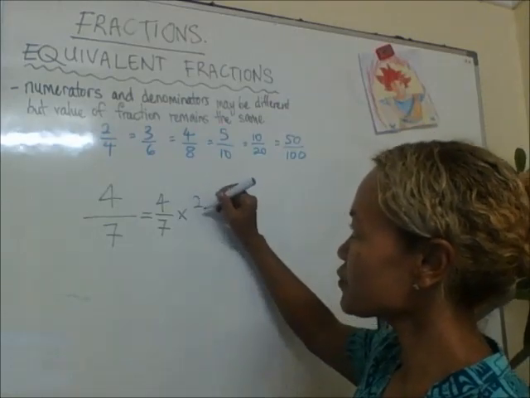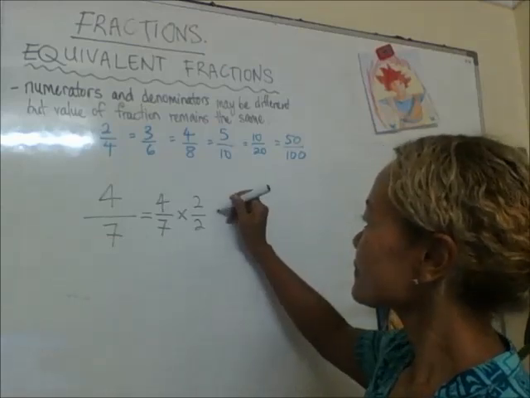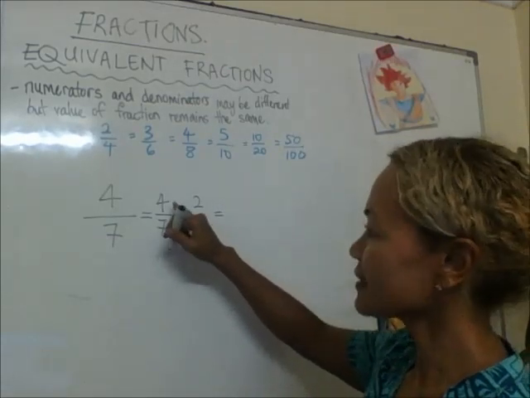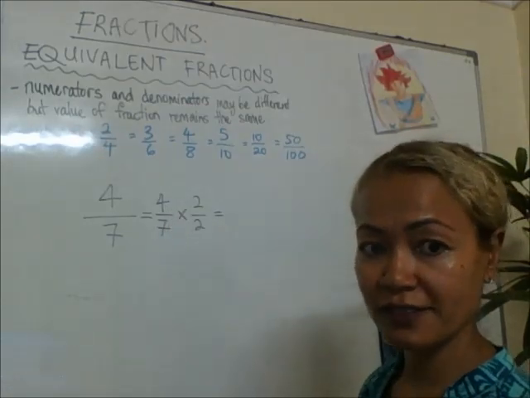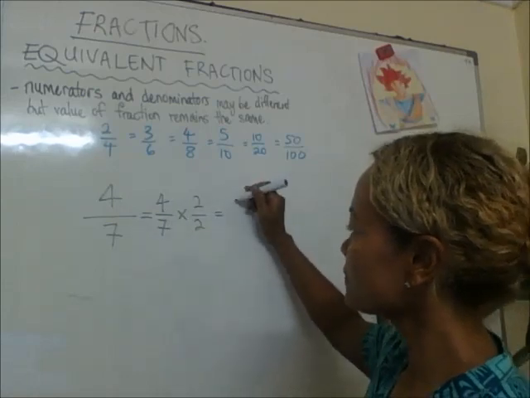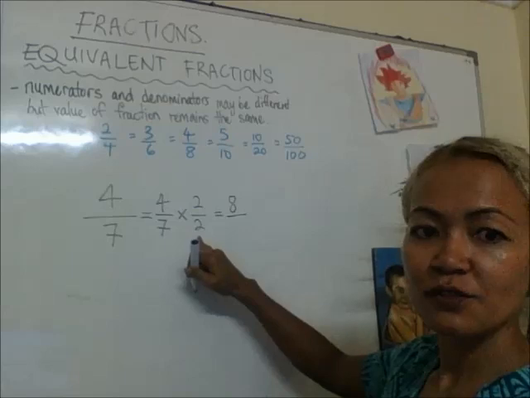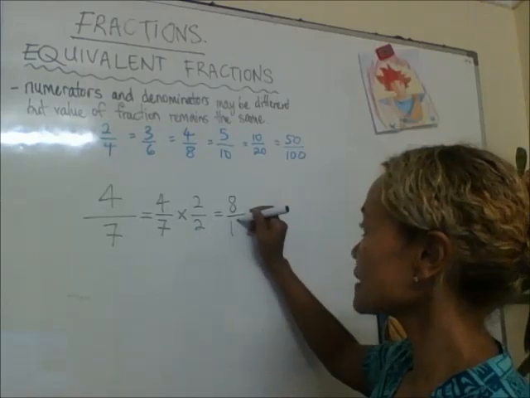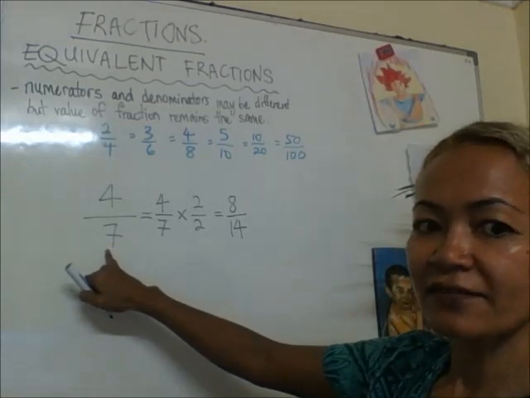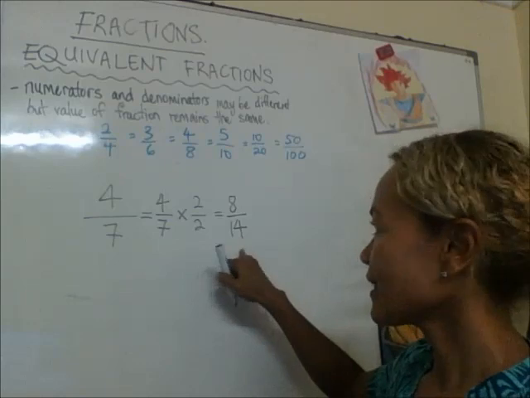So say we put 2 over 2. If you multiply a fraction by another fraction, we'll go into the rules for fractions later. Just multiply the top. 4 times 2, that is equal to 8. 7 times 2 is equal to 14. So 4 over 7 is equal to 8 over 14.